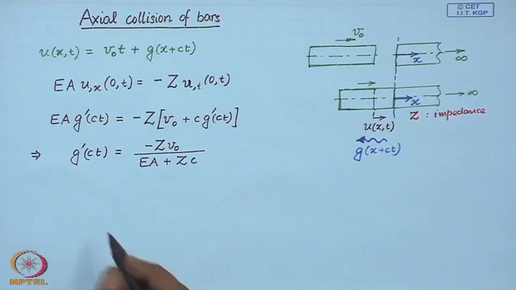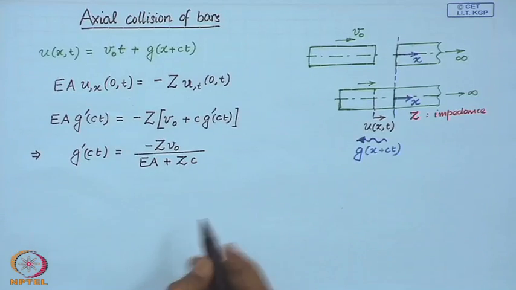So, g prime(ct) is given by this expression.